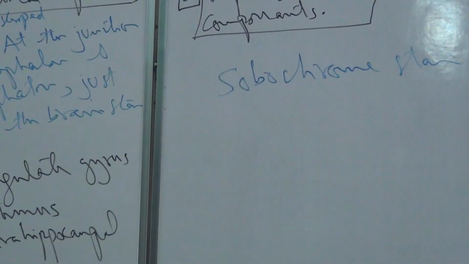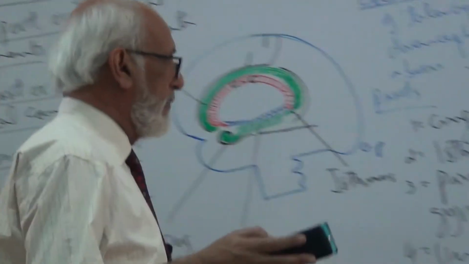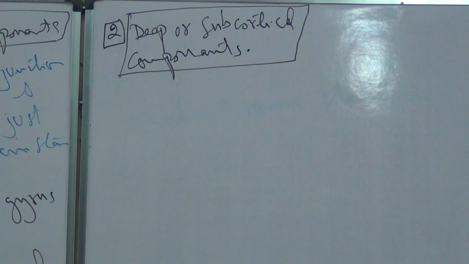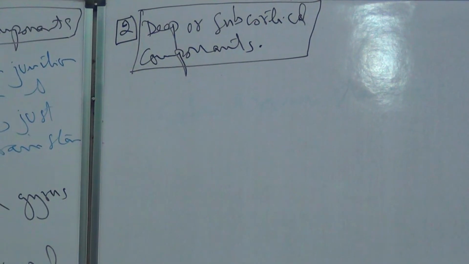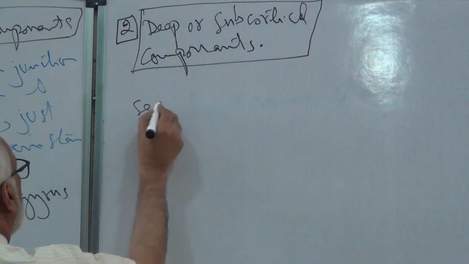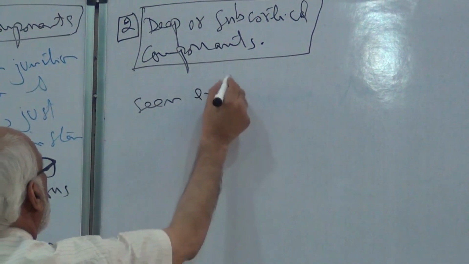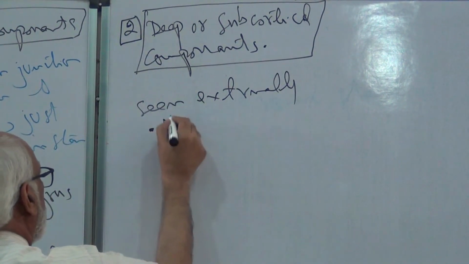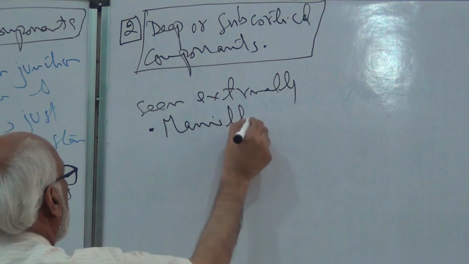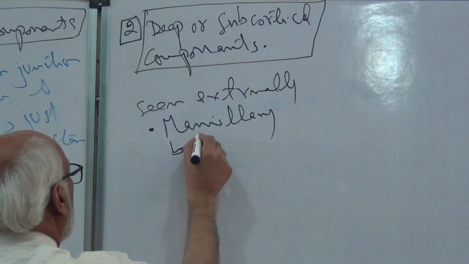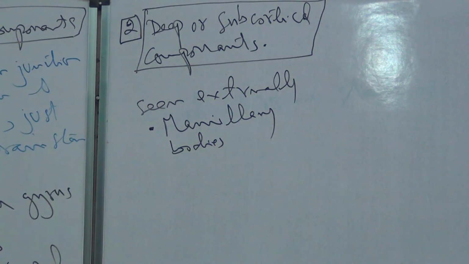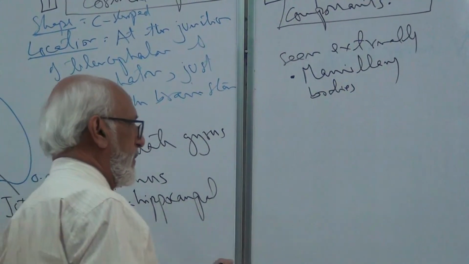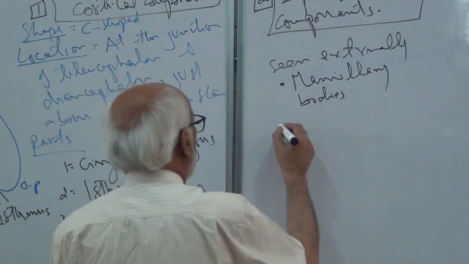But some parts of the subcortical component can be seen externally. For example, mammillary bodies can be seen on the basal surface of the cerebrum, and the mammillary body belongs to the hypothalamus.